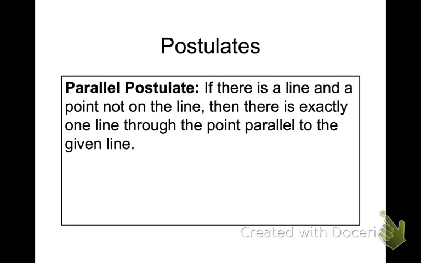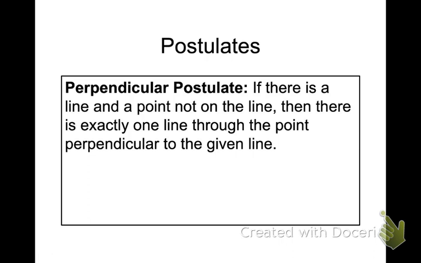Okay? So your perpendicular postulate: if there is a line and a point not on the line, then there is exactly one line through the point perpendicular to the given line.